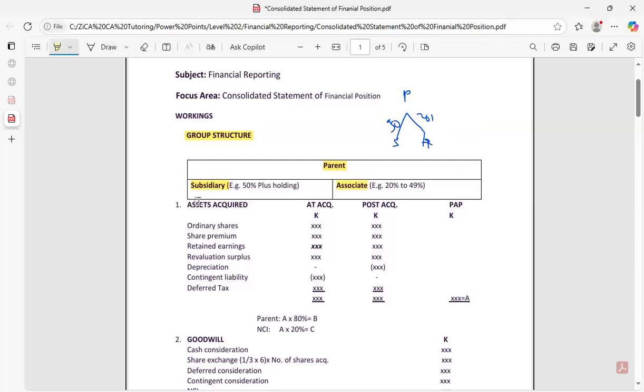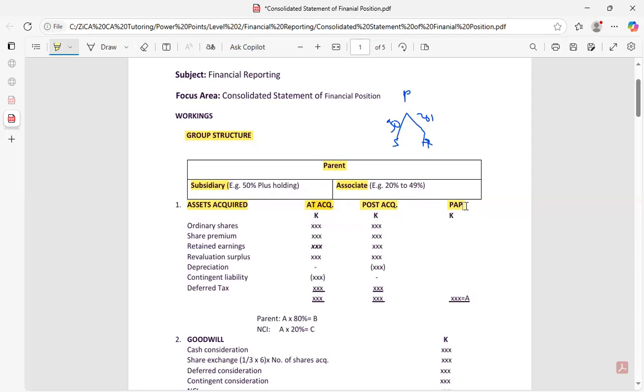Just like the statement of profit or loss, you start with the format and the workings. The first working is the assets acquired. It has the value of assets at acquisition, the value of assets post acquisition, and the post acquisition profit.